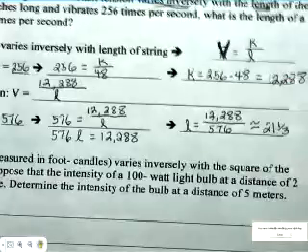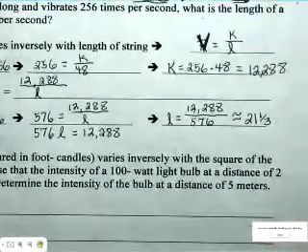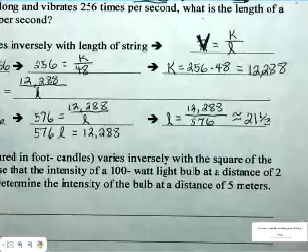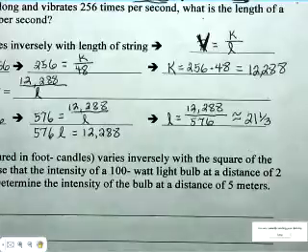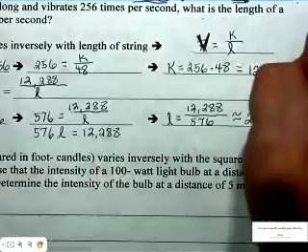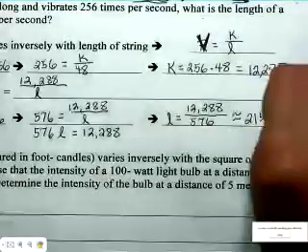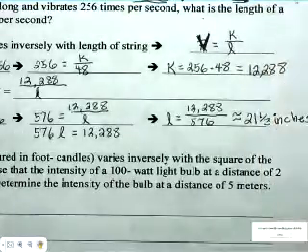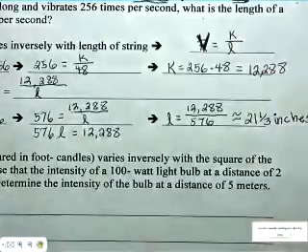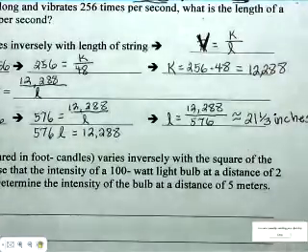Is that times per second or dollars, or what is that 21 and 1/3? That's inches, the length in inches. That's how long a string would need to be if you wanted it to vibrate 576 times per second.